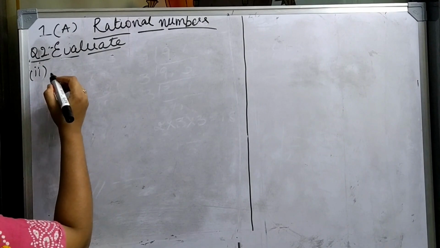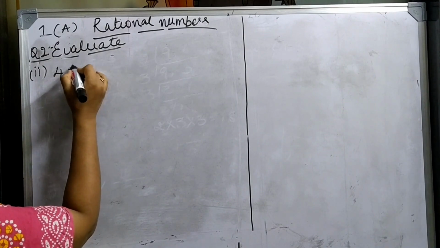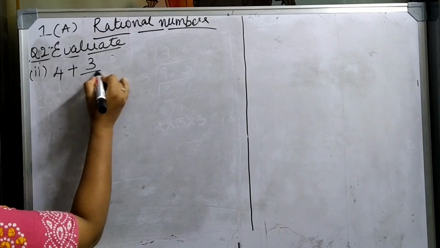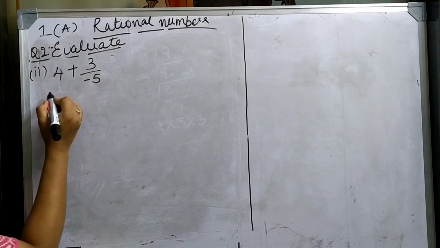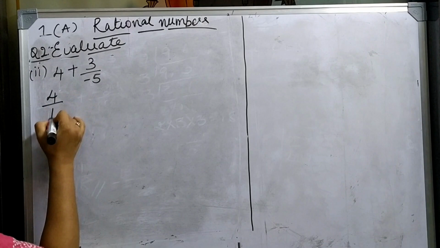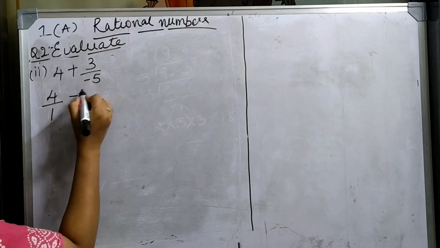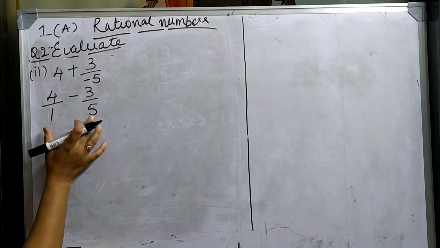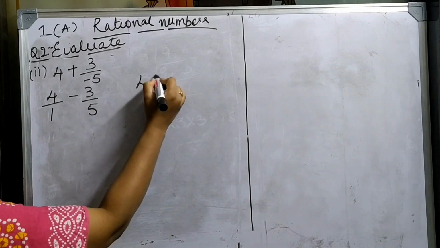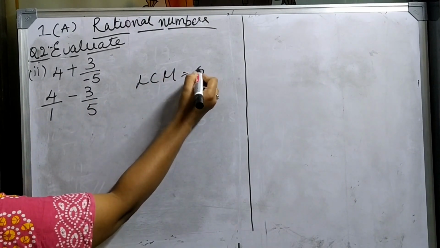So the second question is 4 plus 3 divided by minus 5. So 4, if you don't have anything, it means in the denominator you have 1, so 4 by 1 minus 3 by 5. So the LCM of the denominators 1 and 5 is 5.